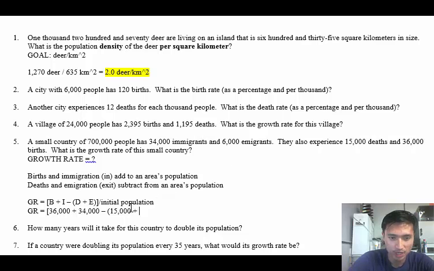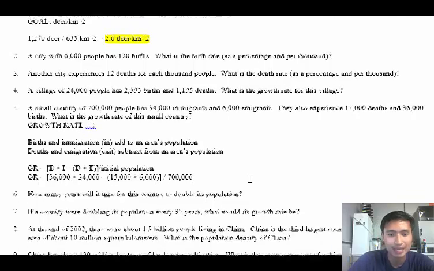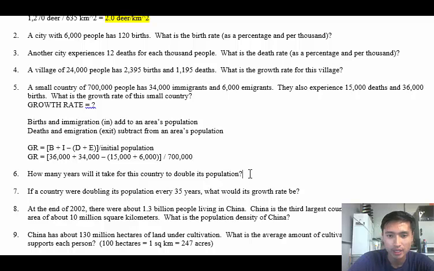And then we're also going to subtract, and remember this subtraction distributes itself, so it's minus 15,000 and minus whatever value we're going to put here, the number of emigrants, which is 6,000. Remember, this is our numerator, and we're going to divide it by the initial population, which has 700,000 people in it. So after you plug it in, you should get a certain value. I'm not going to write down that value, you should know it. And then that value, remember, it might be a decimal, so you're going to have to multiply it by 100 to get the percentage, okay?